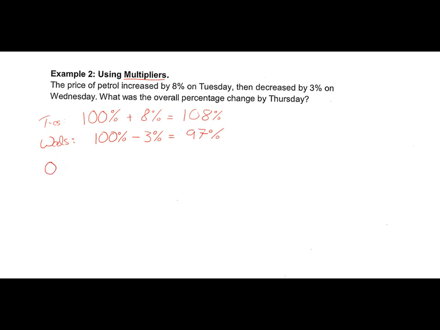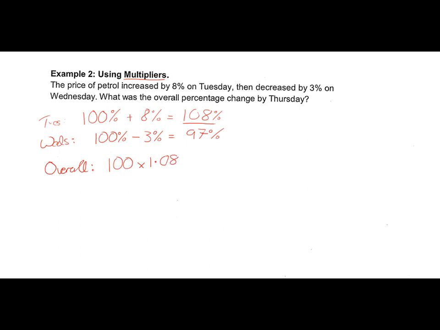So the overall change is that we start on 100%. On Tuesday, it goes up by 8%, so we get 108% of that starting figure. 108% as a decimal is 1.08, so we take the 100 and we multiply it by 1.08.